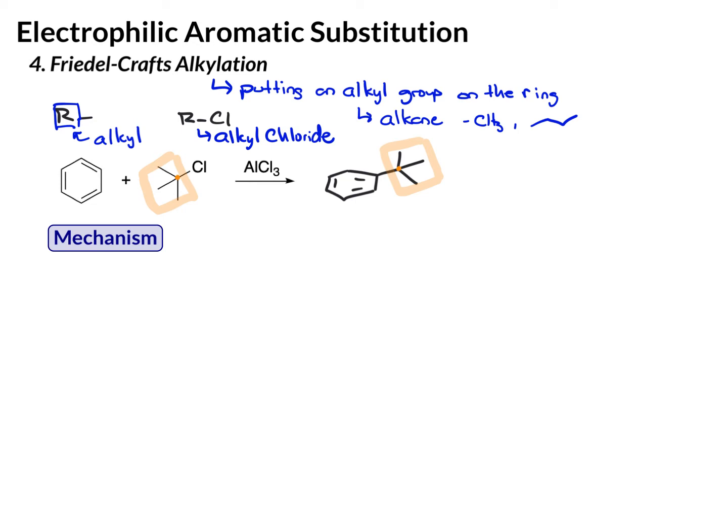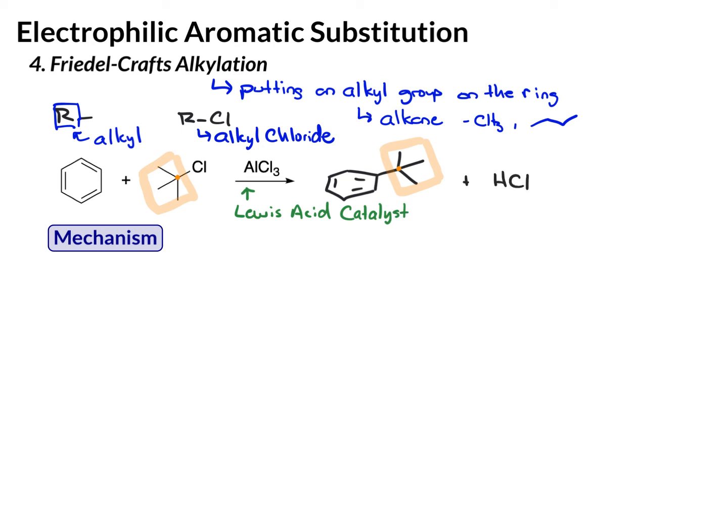In this case, it's aluminum trichloride. As for the byproduct of this reaction, we're losing a hydrogen from the ring and the Cl from the alkyl chloride. So we can draw our byproduct as just HCl.